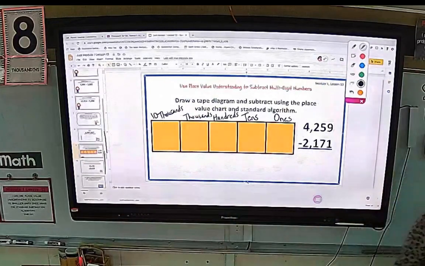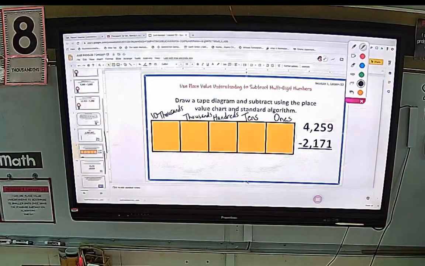Okie doke. We have two numbers that we're going to put on the place value chart. So, really and truly, we also want a place for our answers. So if you would take your place value chart and draw a line here and a line here, you're cutting it into 3 pieces. Okay.